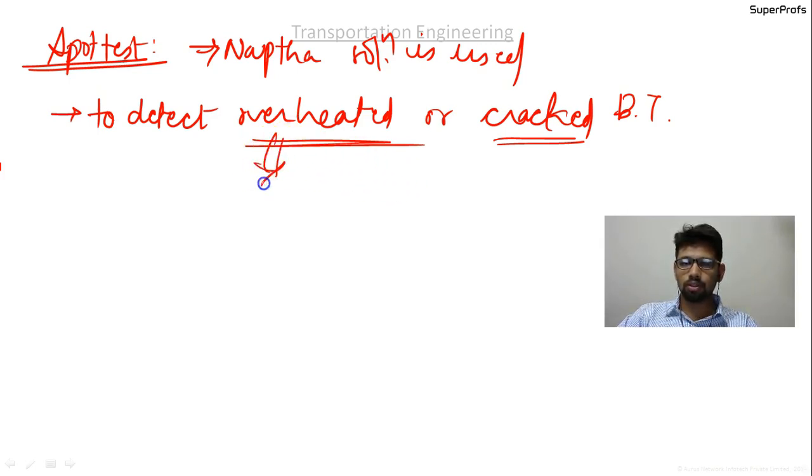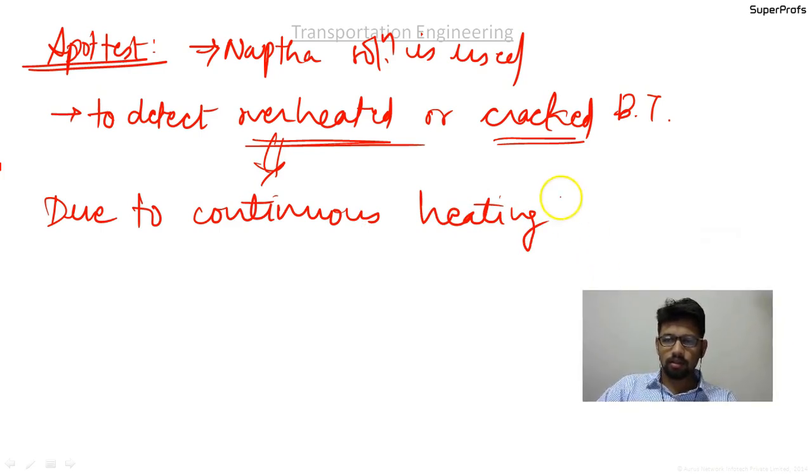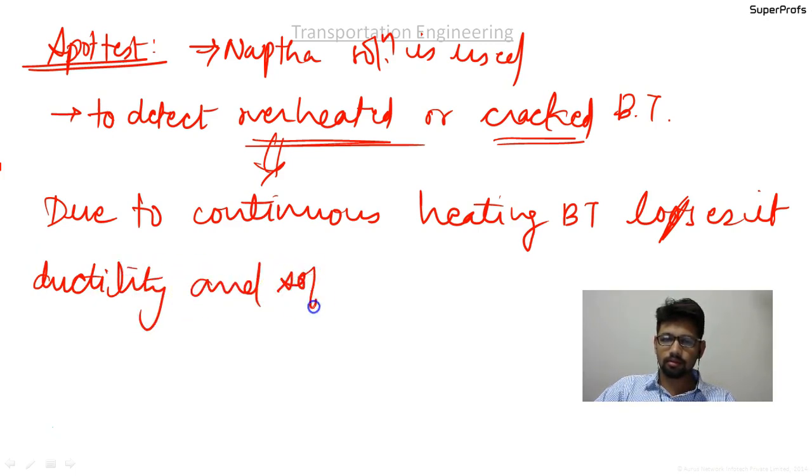So please write down what overheating is: due to continuous heating, bitumen loses its ductility or softness, which should be avoided.